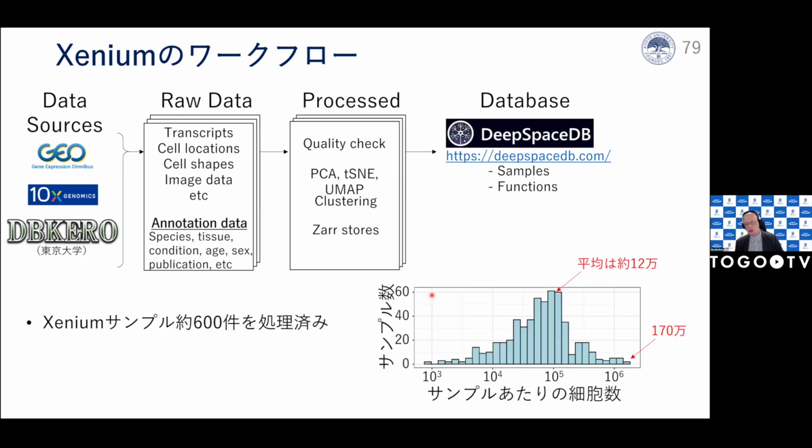But here, one problem is the size of the data, actually. Here I'm showing the distribution of the number of cells per sample. And on average, it's 120,000 cells. And the biggest sample has about 1,700,000 cells. So it's quite big. And for comparison, the Visium spots are just around here.